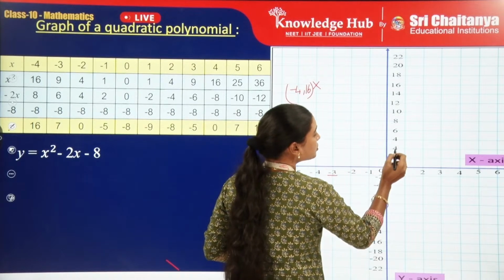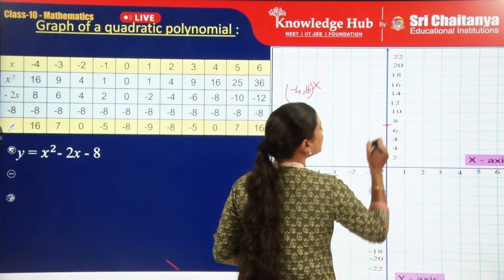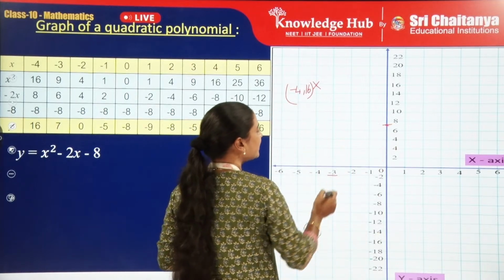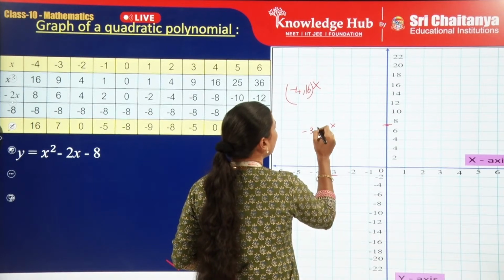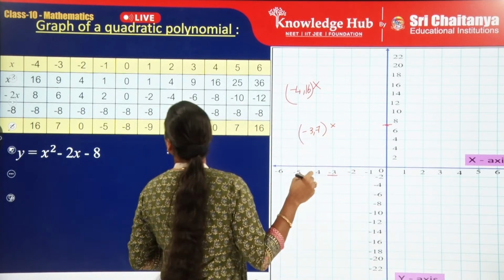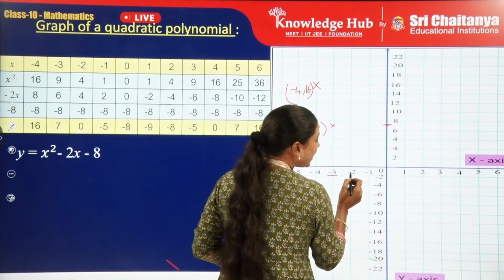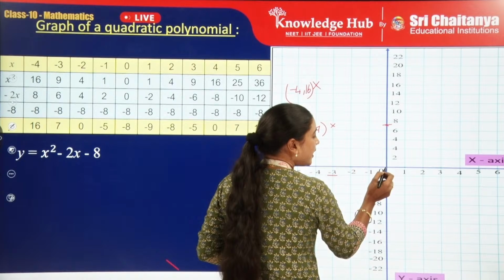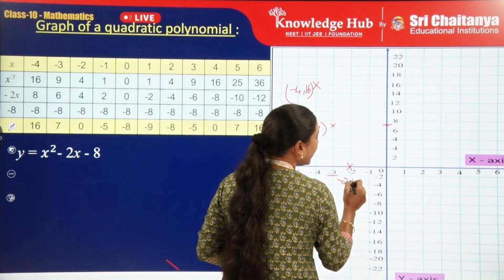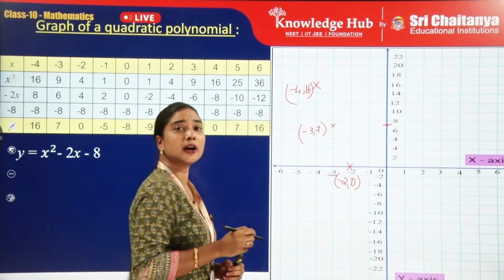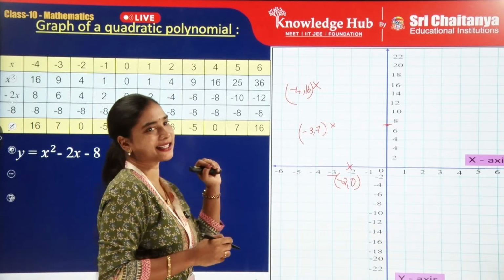As we have 2, 4, 6, 8, the 7 will appear in between 6 and 8. So the point will come here, -3, 7. And -2, 0. The x coordinate is -2, the y coordinate becomes 0, hence the point lies on the x-axis. When the y coordinate becomes 0, the point is on the x-axis.